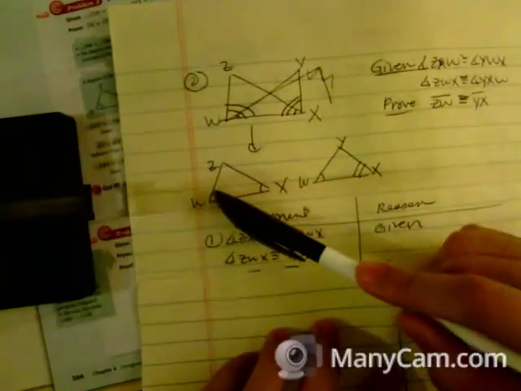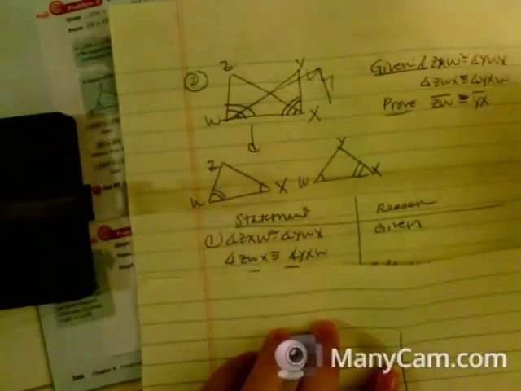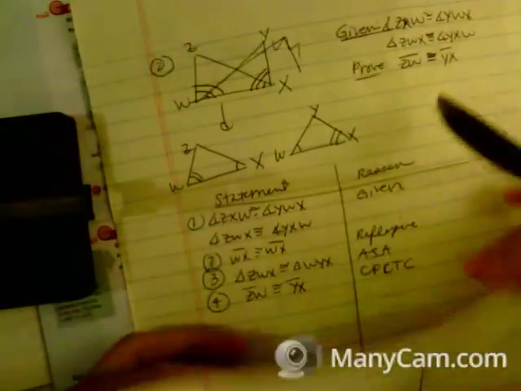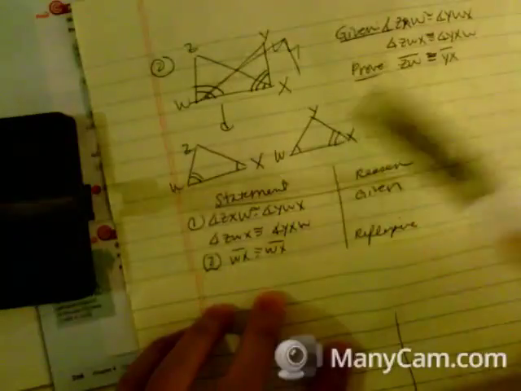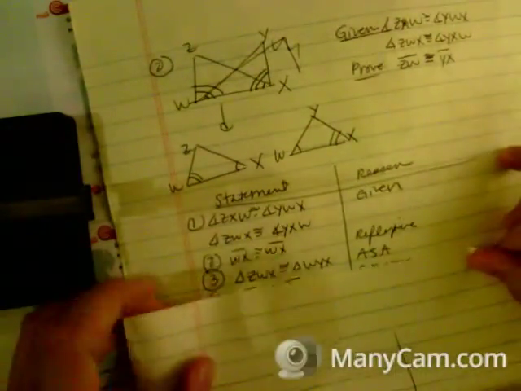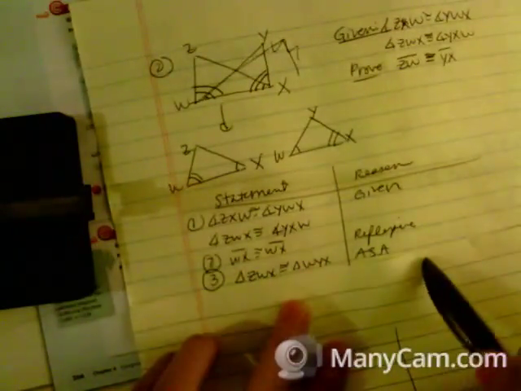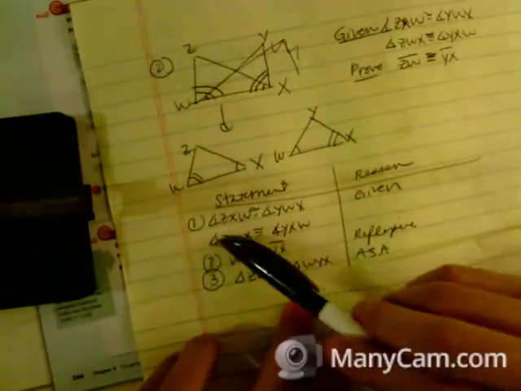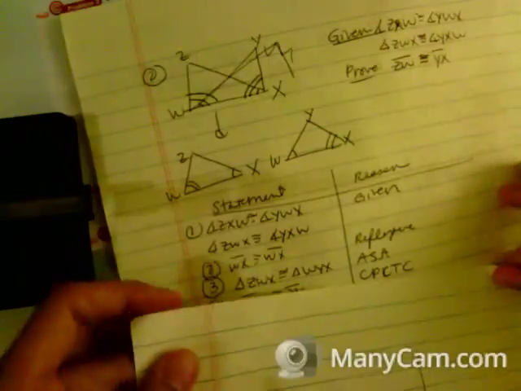So now that we have these two angles congruent to each other and these two, there is a postulate that we can use. So first, I want to say that WX is congruent to WX, and that's because of the reflexive property. And therefore, these two triangles are congruent to each other because of ASA. We have these two angles congruent to each other, and the side, therefore angle, side, angle.